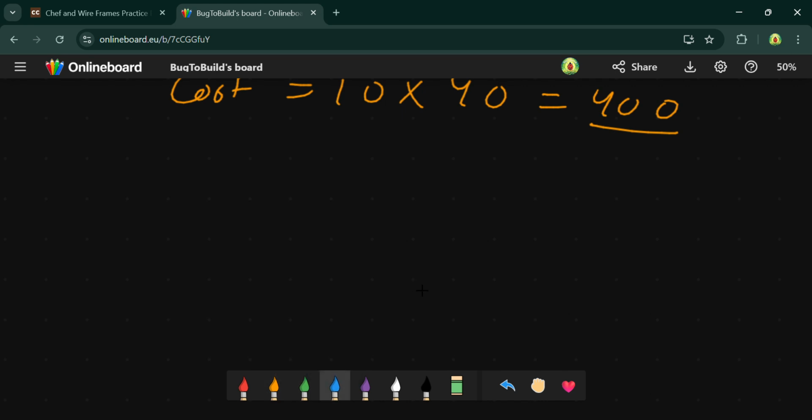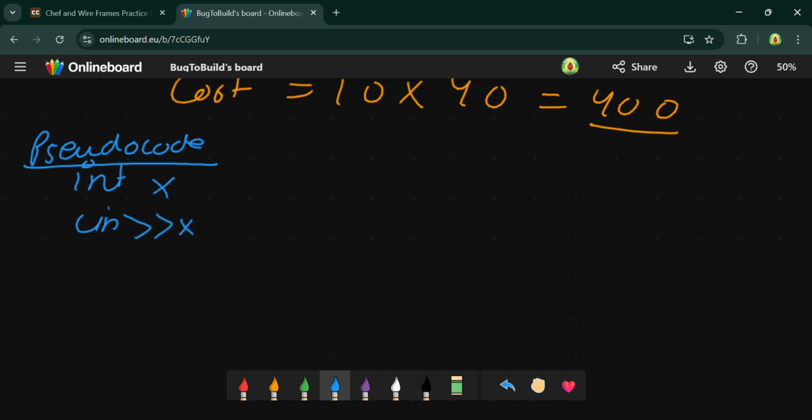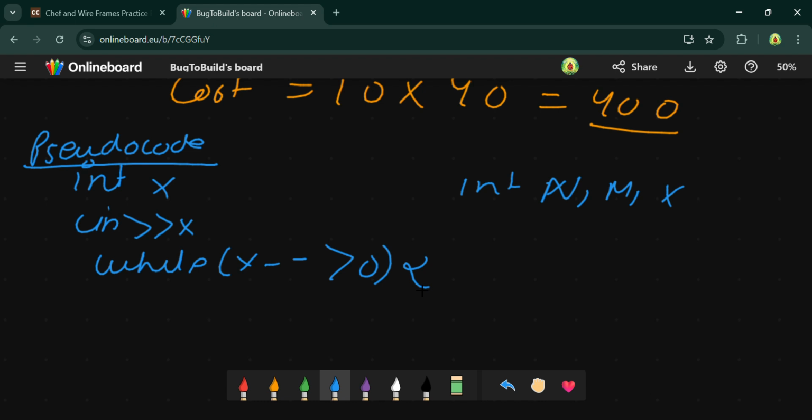Now let's write the code. First, this is the pseudocode here. Take int t and cin t, and while t-- is greater than 0, you take input int n, m and x, and then cin n, m and x.